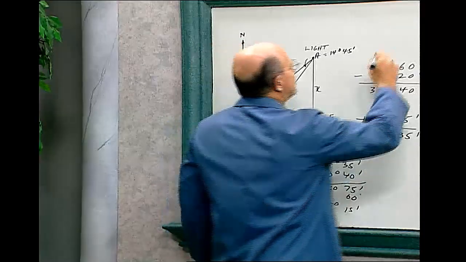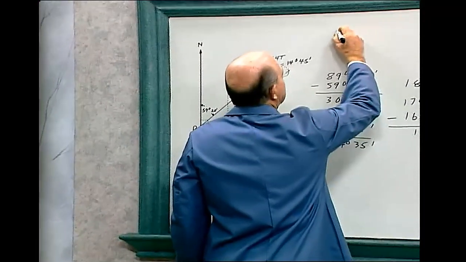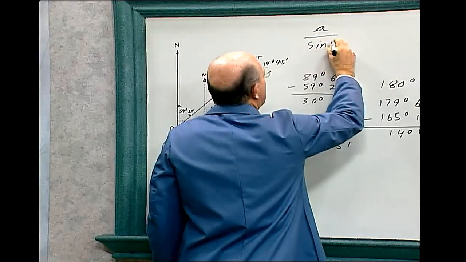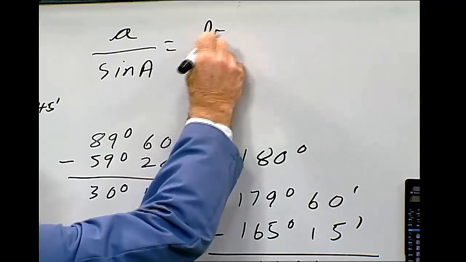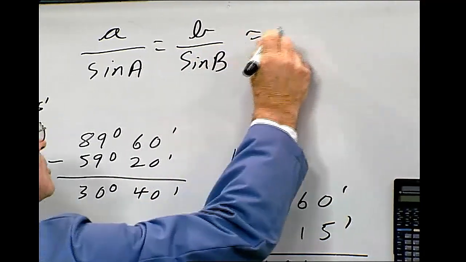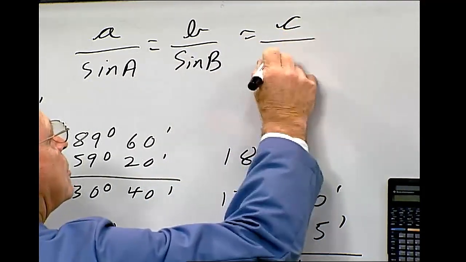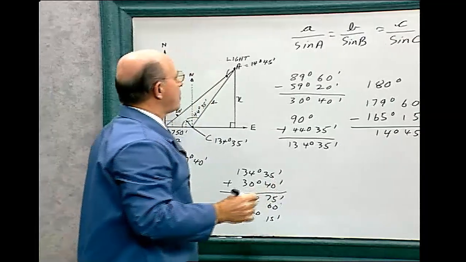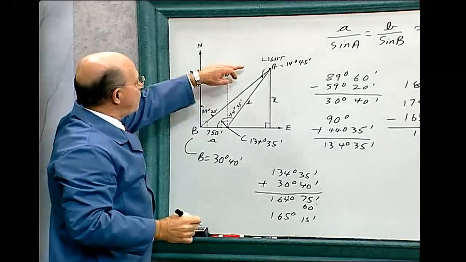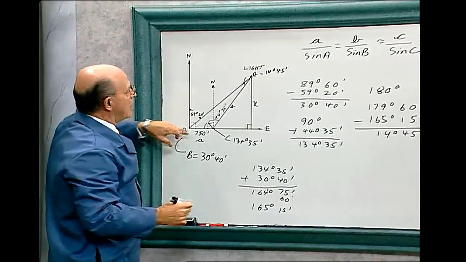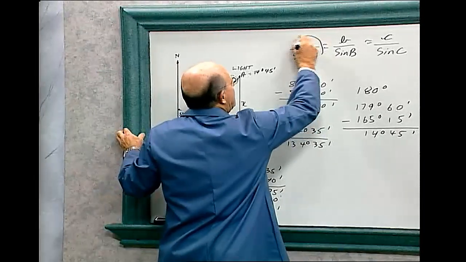So let's use the law of sines. A over sine A equals B over sine B equals C over sine C. Now we definitely want to use the angle A and side A. That's one of these we want to use.